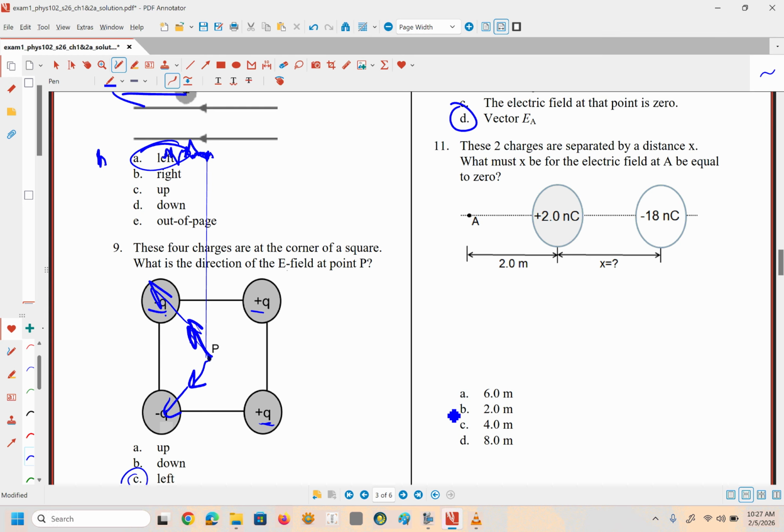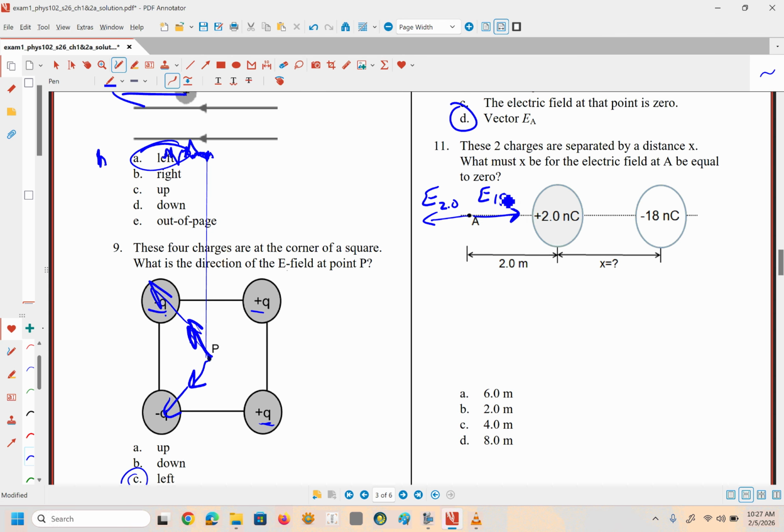Right, these charges are separated by a distance x. What must the electric field be for it to equal 0? Well, I really like to do this just by relationship. If I draw my vector for the plus 2, I'll call that E 2.0, and then this one is E 18. These two have to be equal.